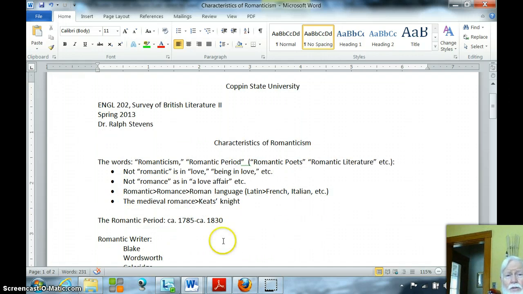So in this course, we are reading literature from the Romantic period, which means literature written in English, in what we call British literature, that is, literature from the British Isles, England, Scotland, Wales, and so on, from about 1785 to about 1830.